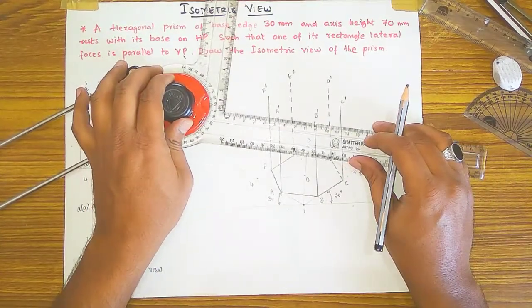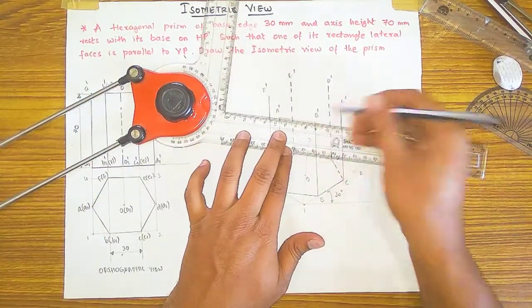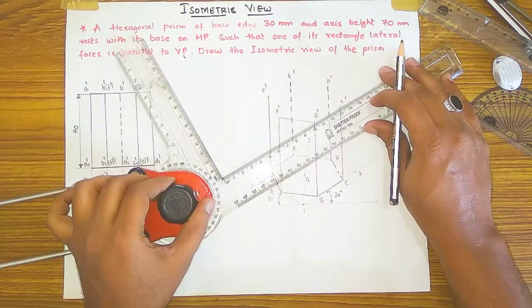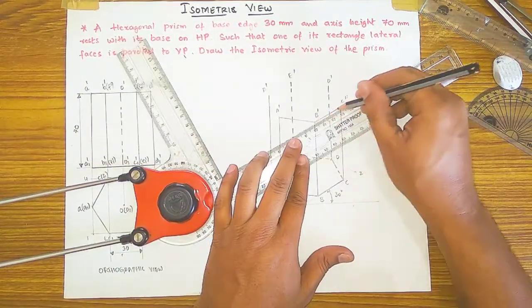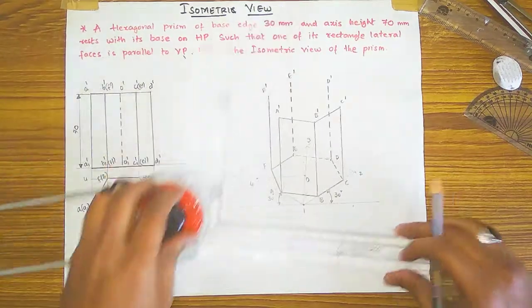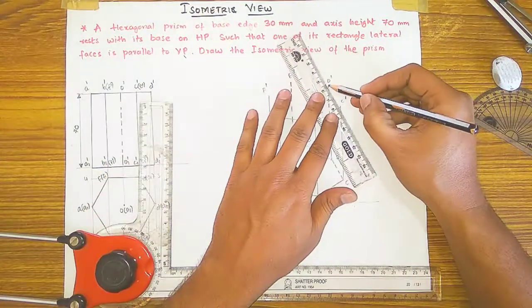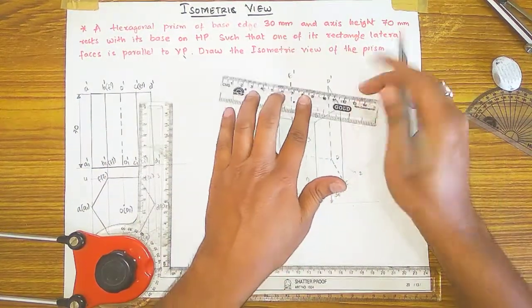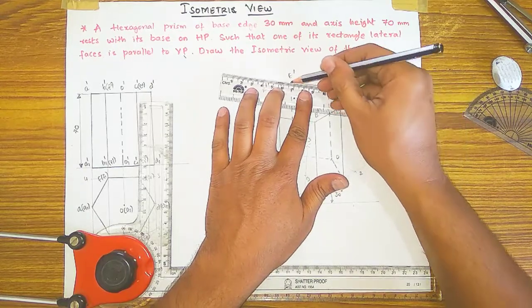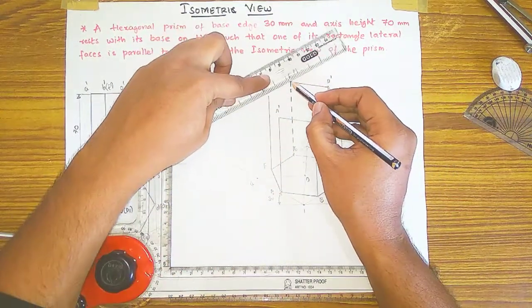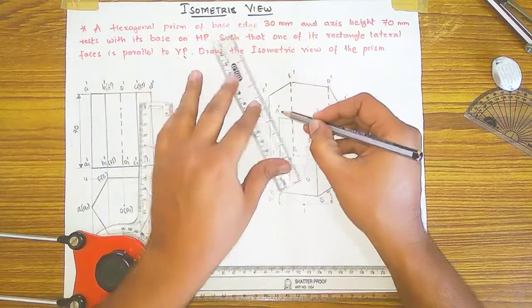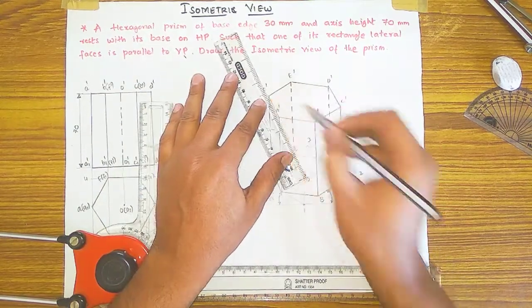Each line A to A dash to B dash is visible, so dark. B dash to D dash is also visible from the front, so dark it. With the scale I will do, it will be fast to do this work. This is also visible dark, this is also visible dark, and A to F dash is also visible dark.